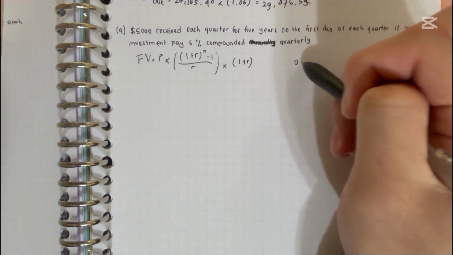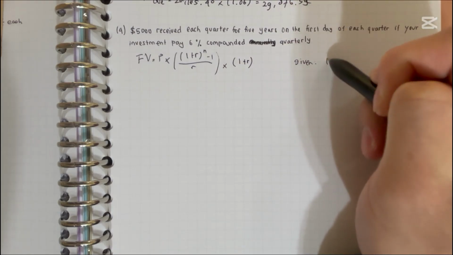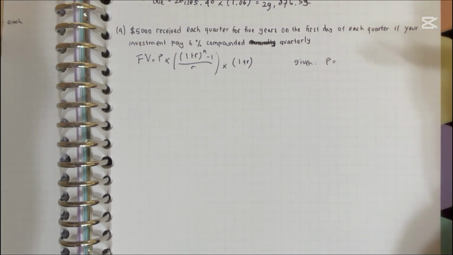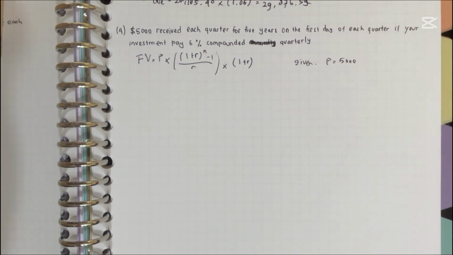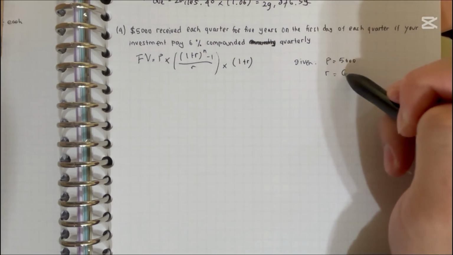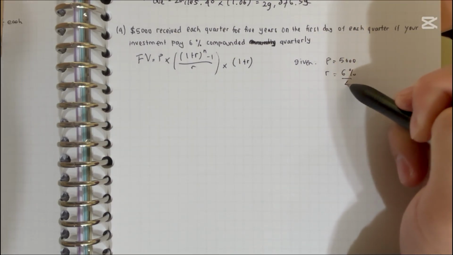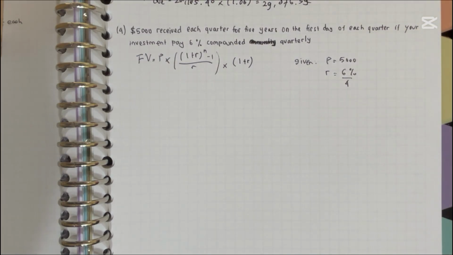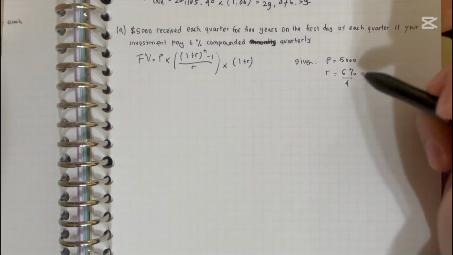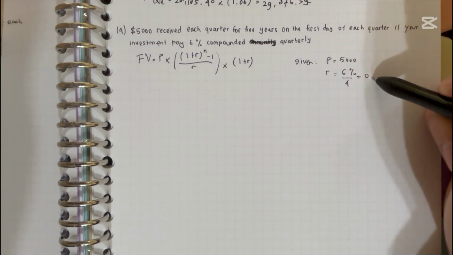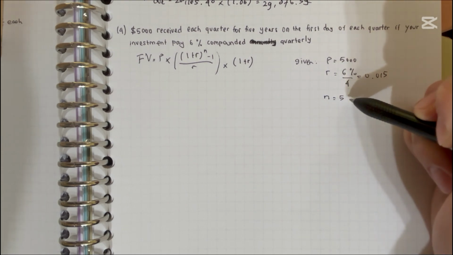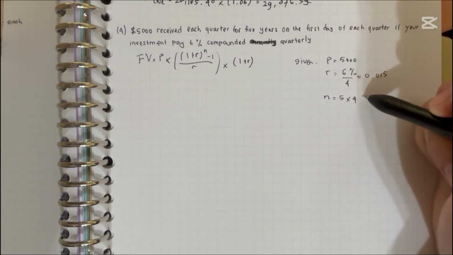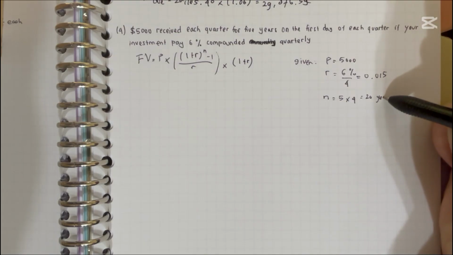So we know from this question that the payment P is equal to 5,000, the interest rate is 6% divided by 4, that is 0.015, and the number of periods is 5 multiplied by 4 because it's quarterly.